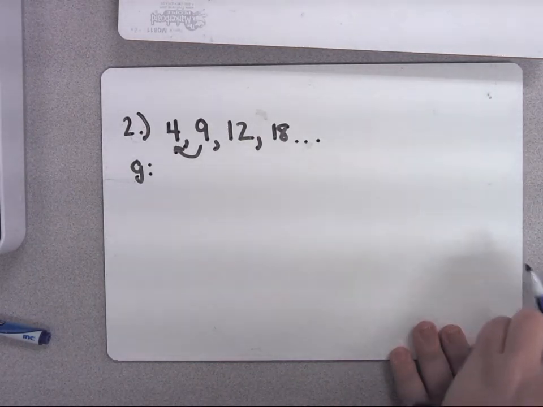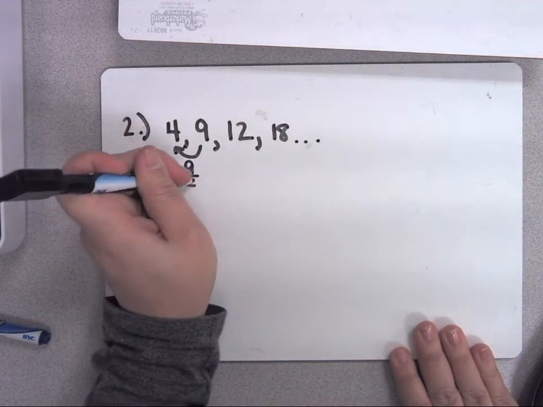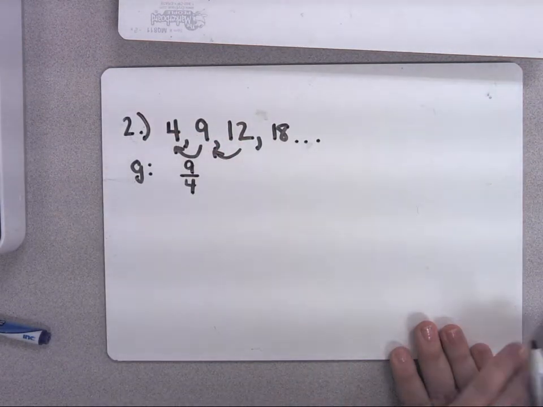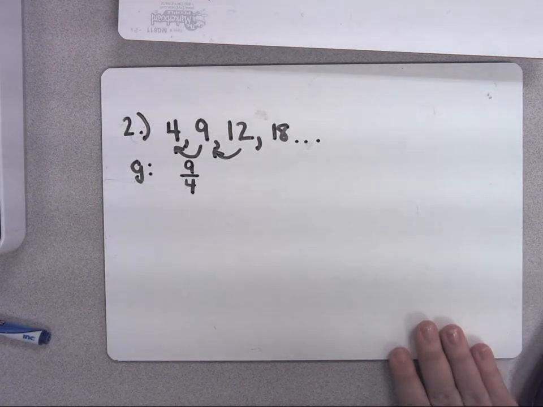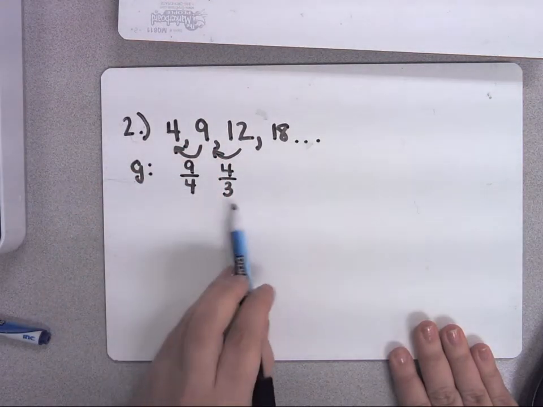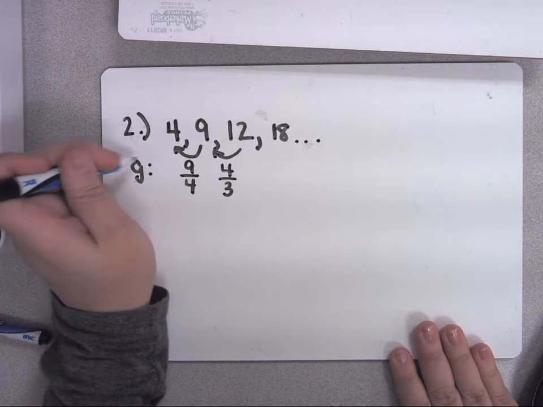What's that as a fraction? 9/4, exactly what we typed in. We'll see if the next one is exactly the same simplified. If it's not, we can stop. Is it exactly the same? No, this one's 4/3. Since these numbers are different, can this be a geometric sequence? Nope. I'm just going to put a little X on that.